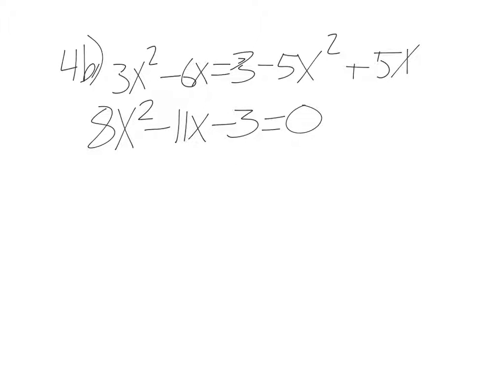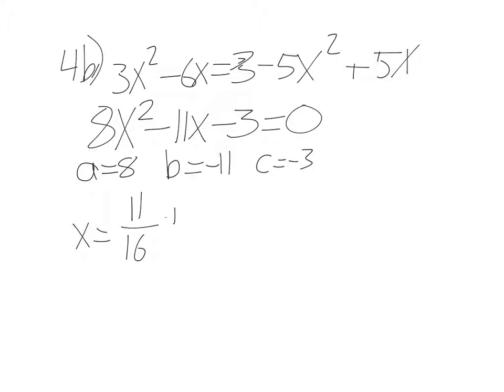So I might, since these are not pleasant numbers, jump to the quadratic formula where a is equal to 8, b is equal to negative 11, and c is equal to negative 3. So we get x is equal to negative b, which is 11, over 2a, so that's 16, plus or minus the square root of b squared, which is 121, minus 4 times a times c, so minus 4 times negative 24, which is going to be 96, but it's plus 96, also over 16.